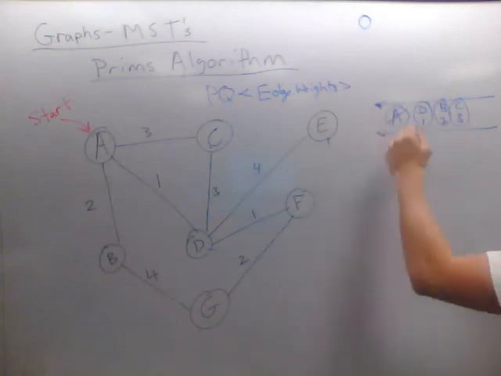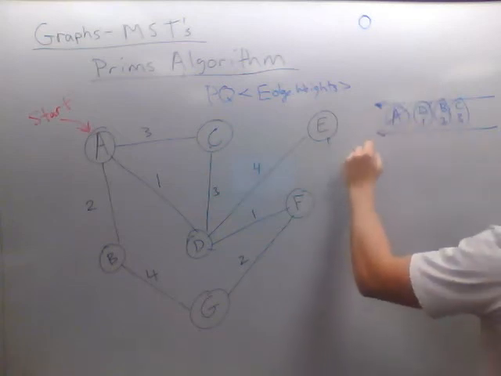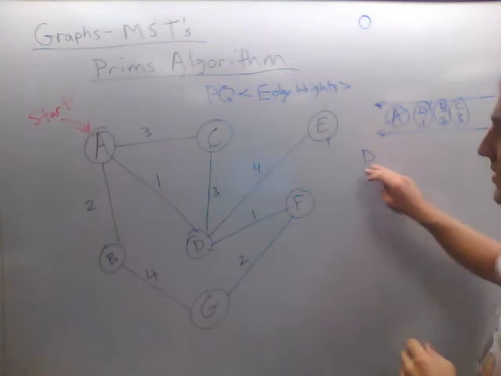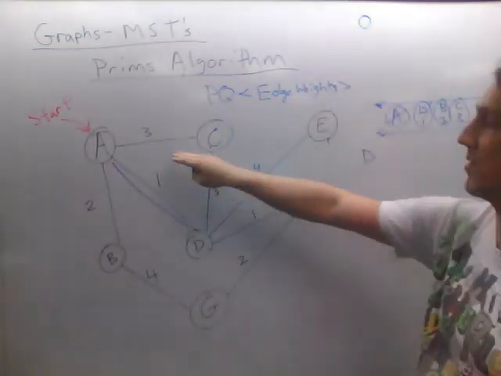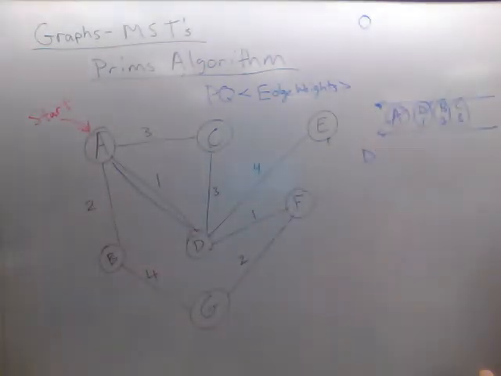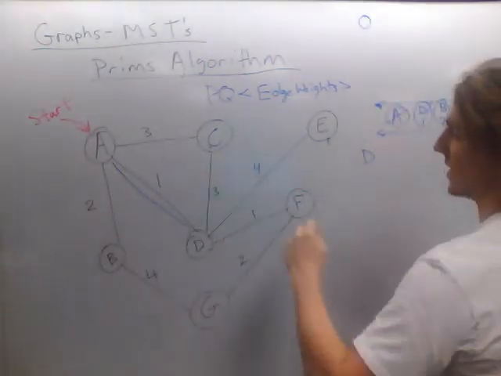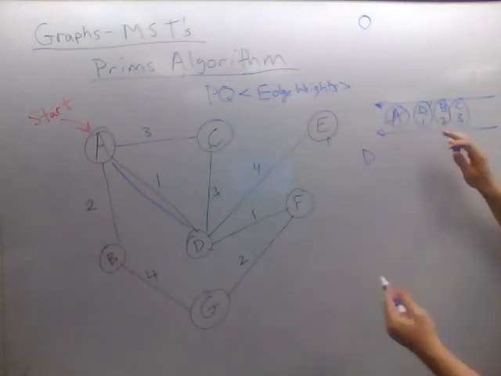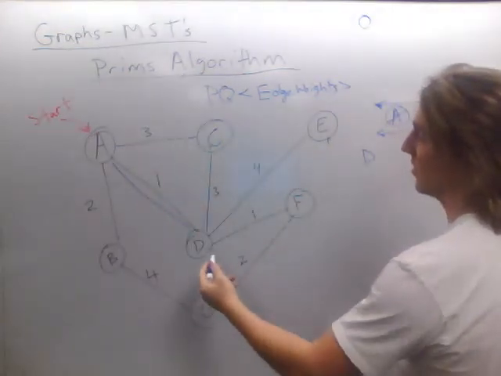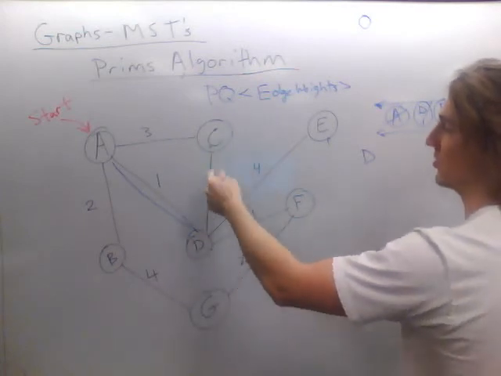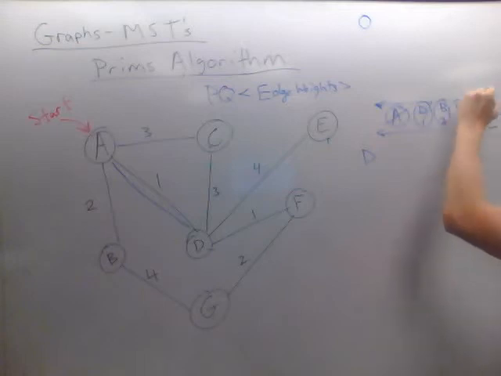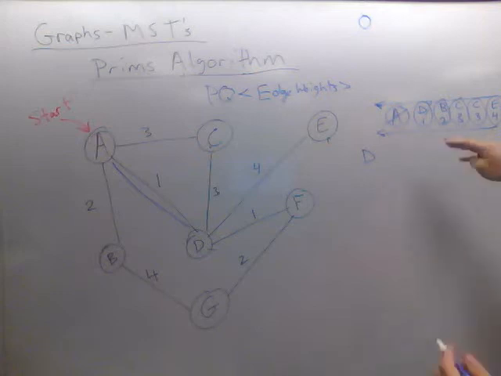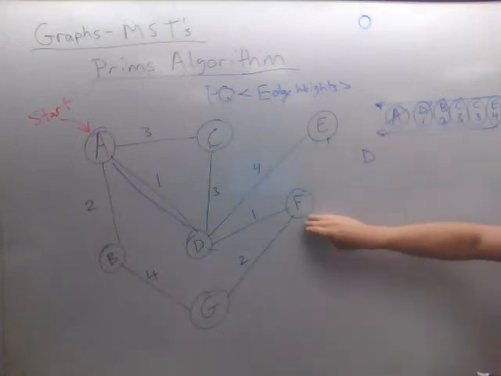So we loop back around, pop out D. So we choose this edge here. That's the minimum available from A. So we're going to do the same thing, process all the edges. We don't have to add A1 because that's already been visited, but we now have new edges available to us, C3 and E4, and F, we can get to F with weight 1.